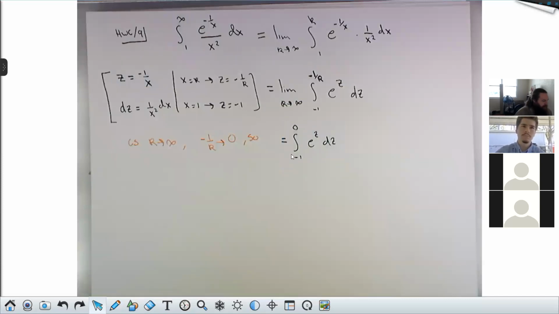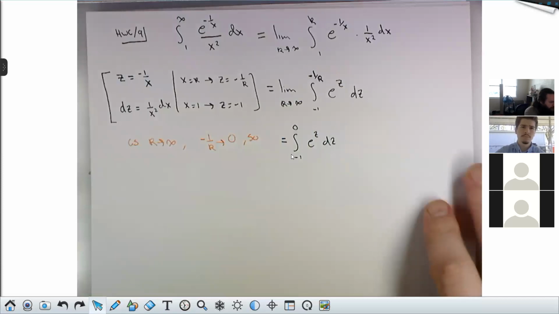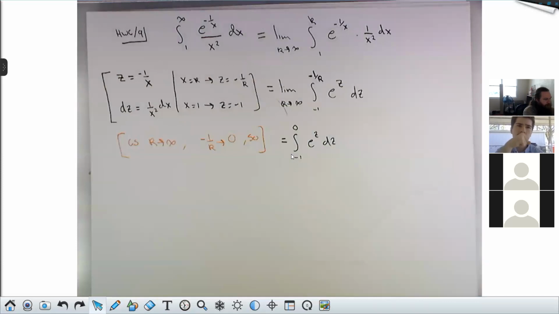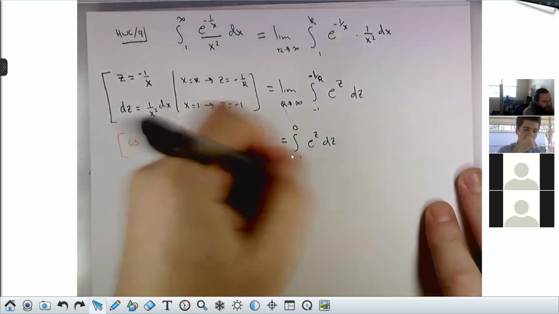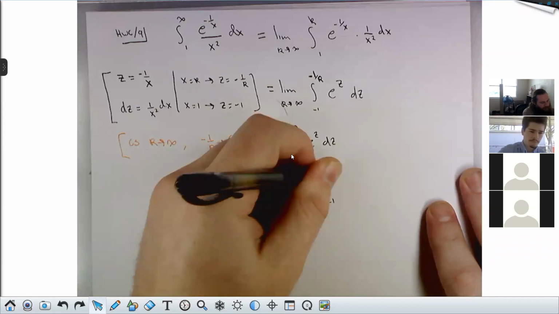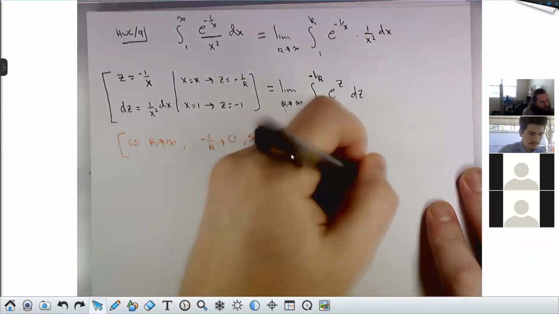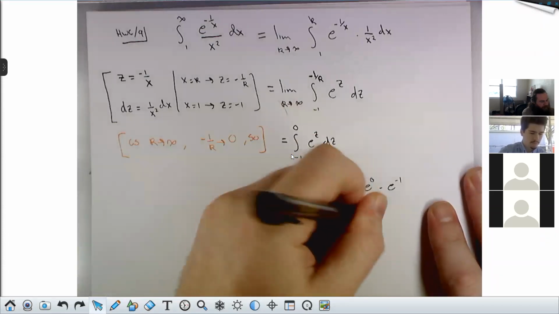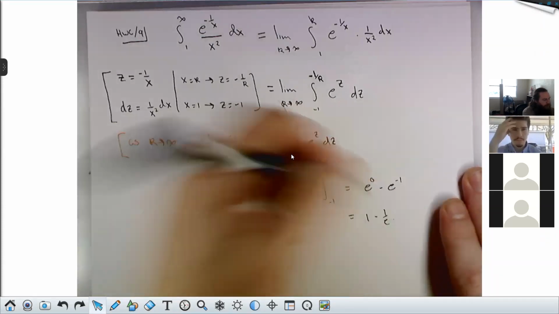And now from here, this is an integral I could give to any Calc 1 student. They wouldn't be afraid of this. From here, we just take our antiderivative, which is e to the z, and evaluate from -1 to 0. So you get e to the 0 minus e to the negative 1, which is 1 minus 1 over e.